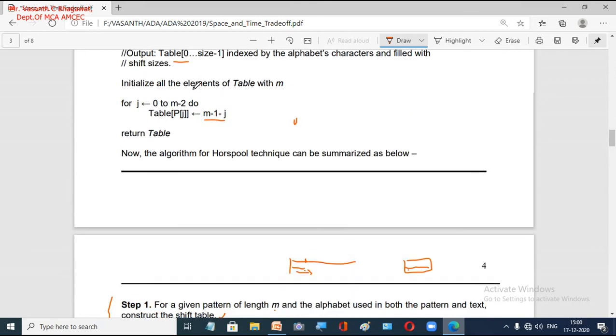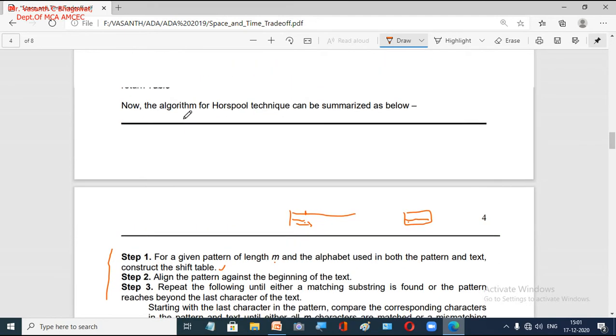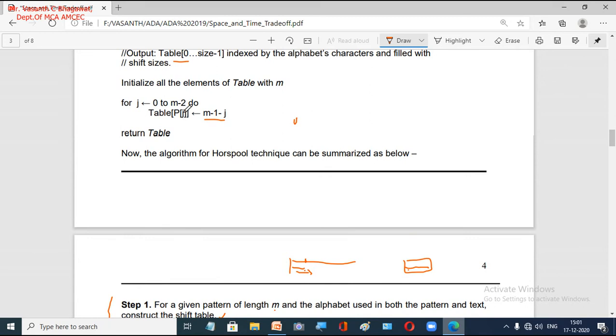Right? So now the table is given for us, which has got all the characters. Clear? So now P of j. In your pattern, see the value at j.